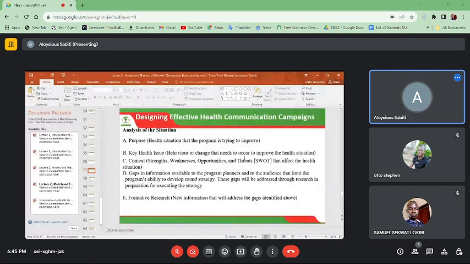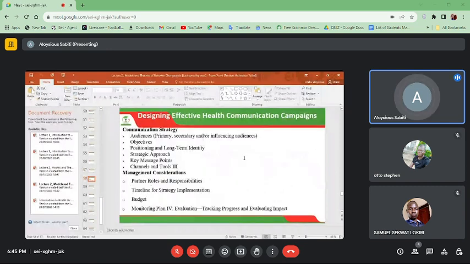And then you do a communication strategy. You're able to identify your audience, the objectives, positioning, and long-term identity, strategic carefully discussed earlier on.